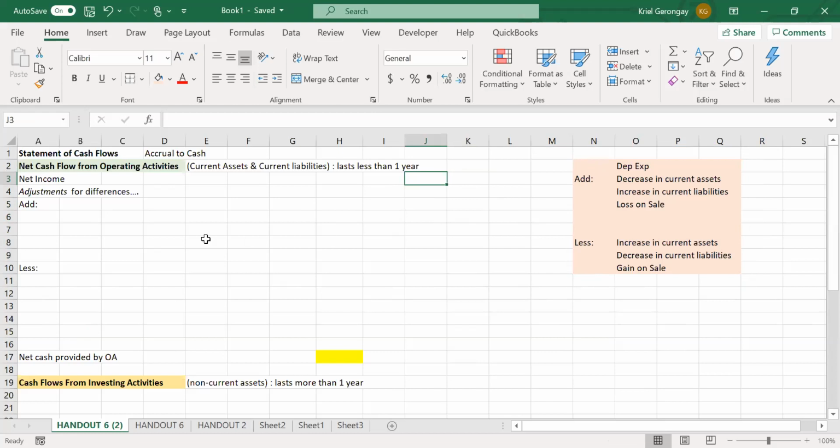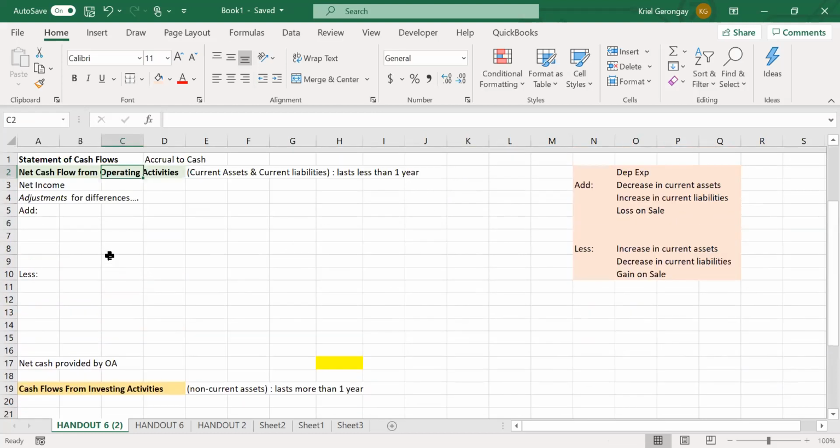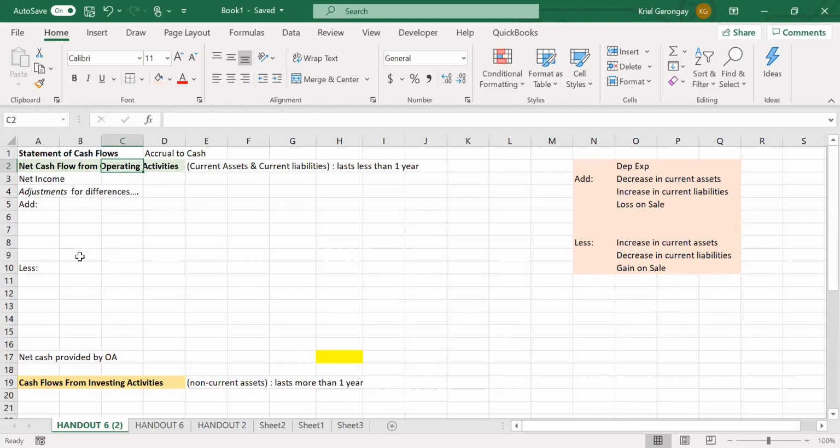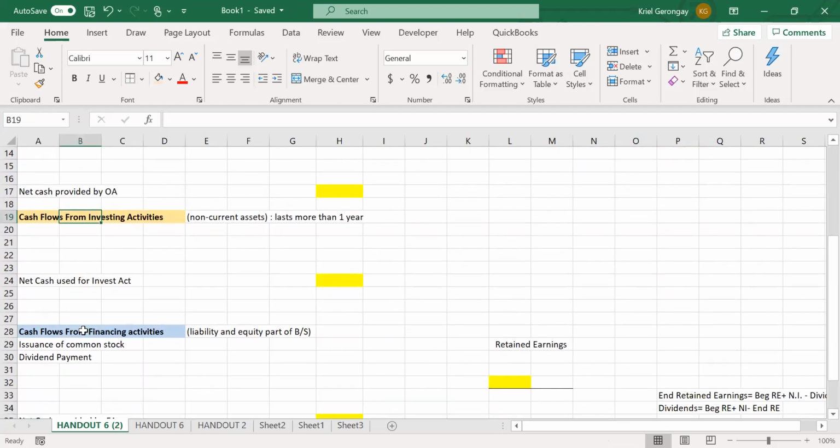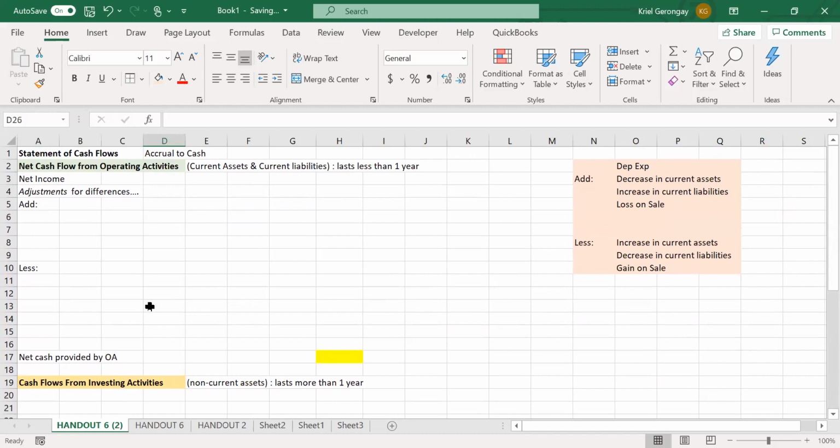In the statement of cash flows, there are three sections: operating activities, investing activities, and financing activities. This handout follows the format of the statement of cash flows.